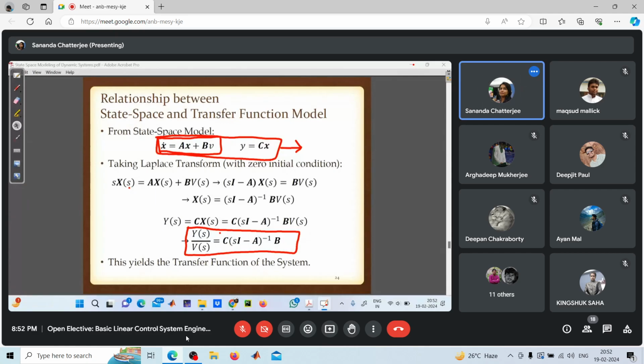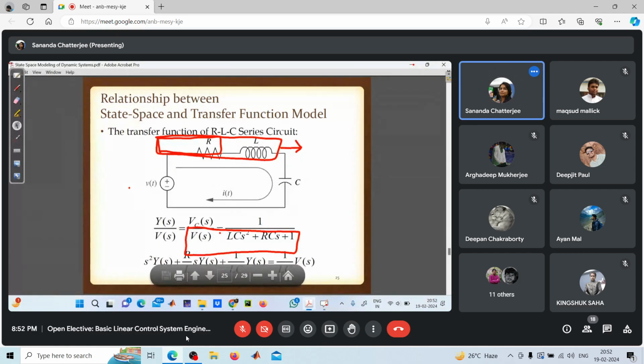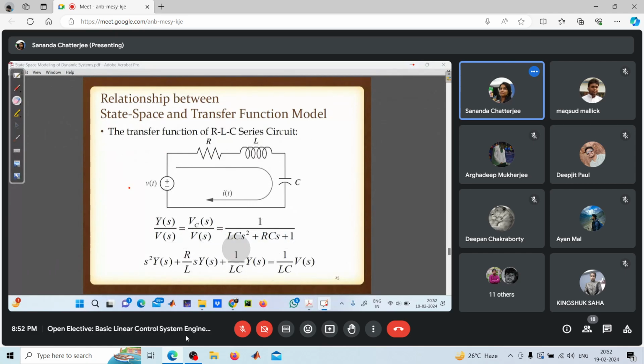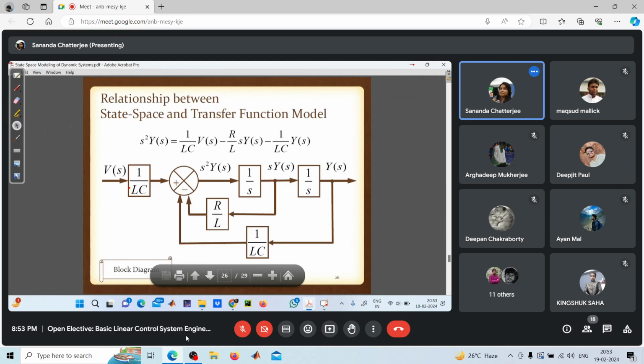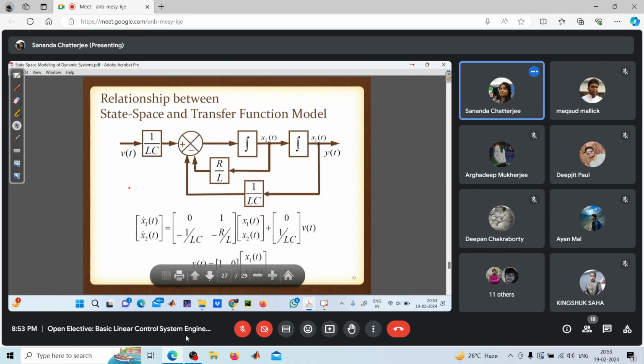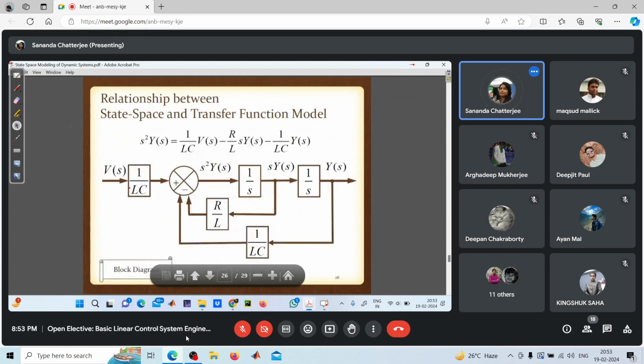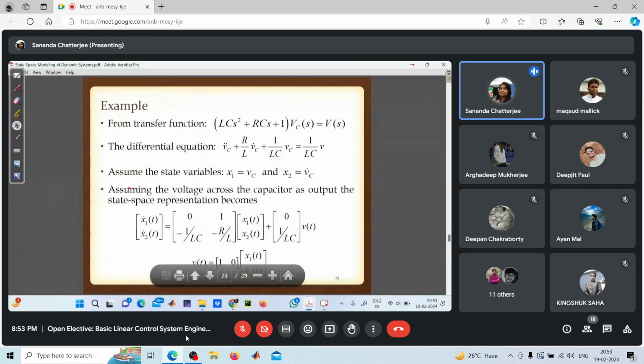Okay, so let us move to this. So this is the transfer function representation of the RLC circuit. So what you can do, I have given you these two representations of the same system.